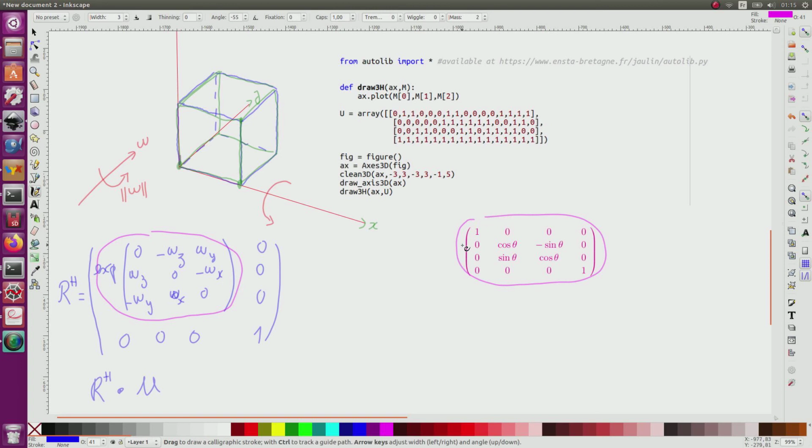They are equal, of course, if omega here is taken as theta, 0, 0.